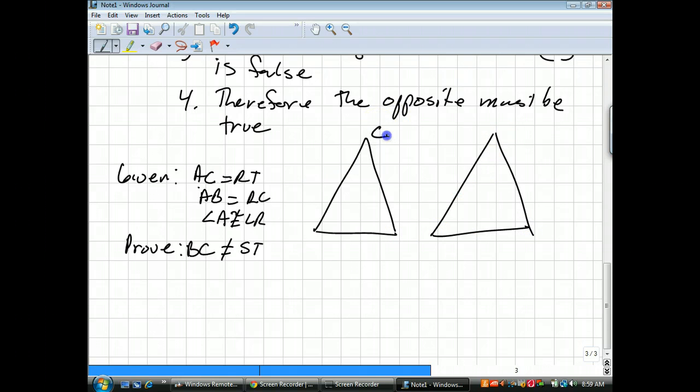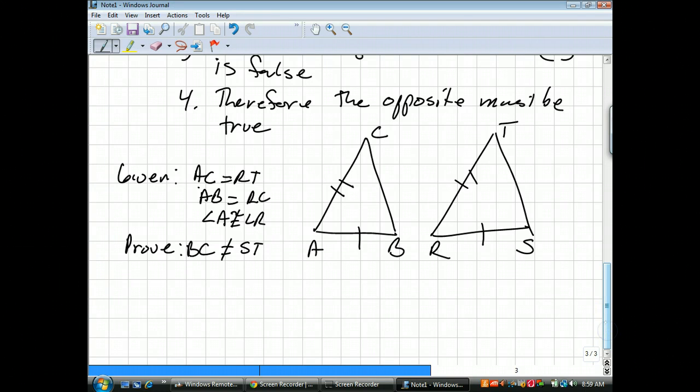This is C, this is A, this is B, this is T, this is R, this is S. And we know that AC is congruent to RT. And we know that AB is congruent to RS.